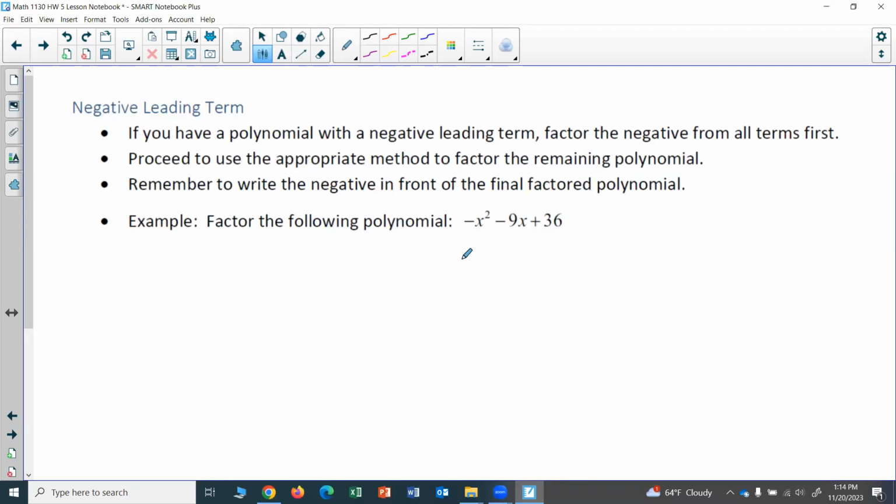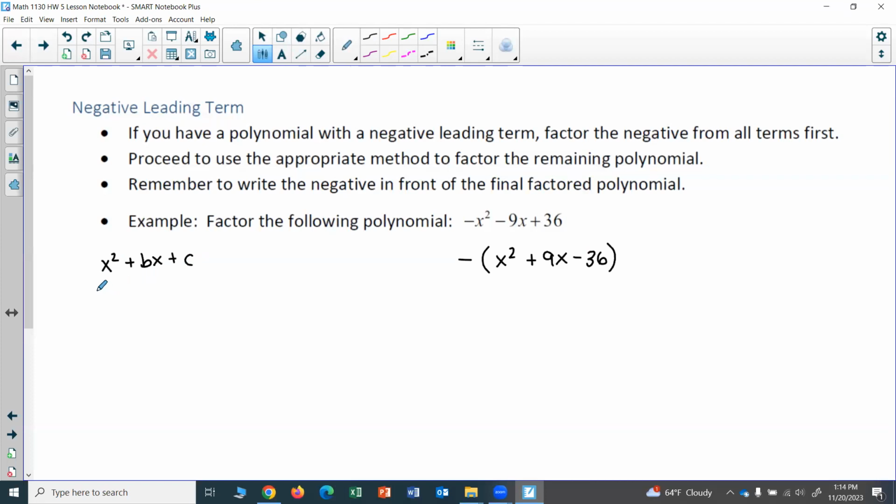So I'll pull out the negative, and in doing that, what's left is x squared plus 9x minus 36. Now, pulling out the negative switched the signs of each term in the parentheses. Now I have a polynomial of the form x squared plus bx plus c.